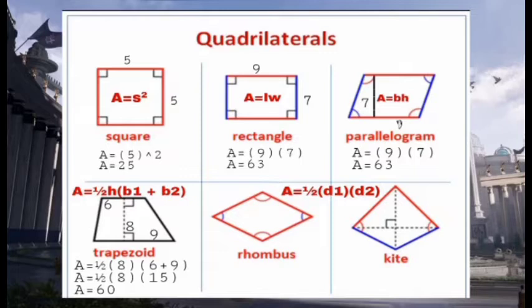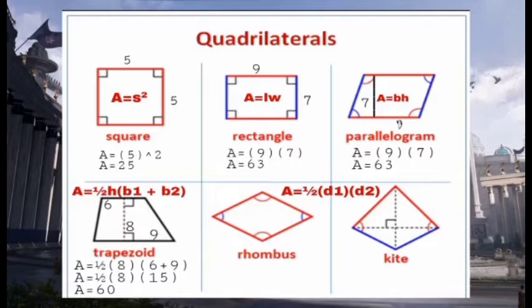We have 6 types of quadrilateral, and each shape or type has a specific formula. First, we have the square. The formula to get the area of a square is A equals S squared, where A is the area and S is the length of the side of the square.